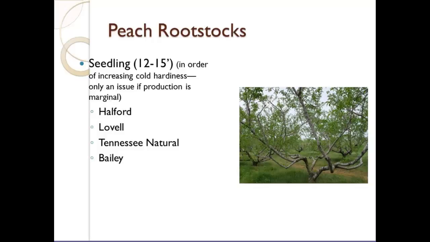But if it does, I have them listed here in increasing cold hardiness, so meaning that Bailey, of the four I have listed here, would be the most cold hardy. So if you're pushing the edge of what we consider normal peach growing area, you're definitely going to want to go with a Bailey or a Tennessee Natural and avoid the Halford and Lovell if you're in one of the colder areas.